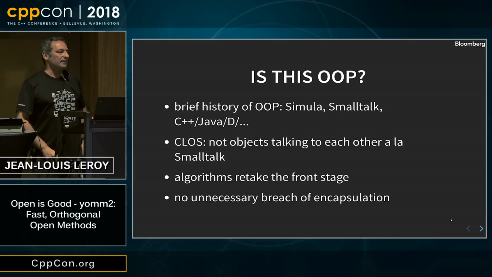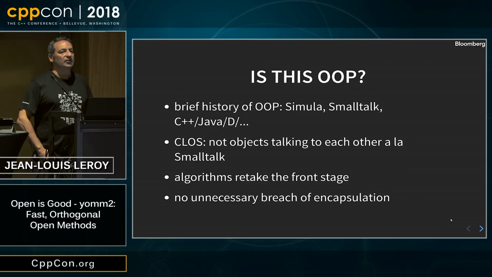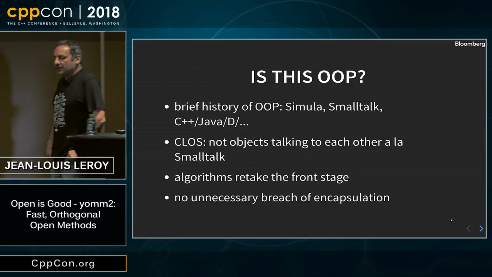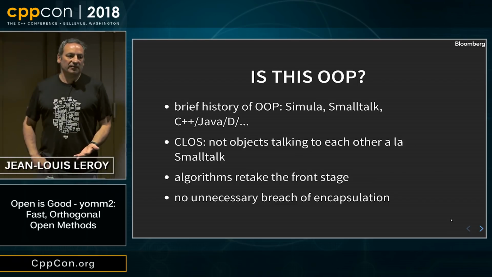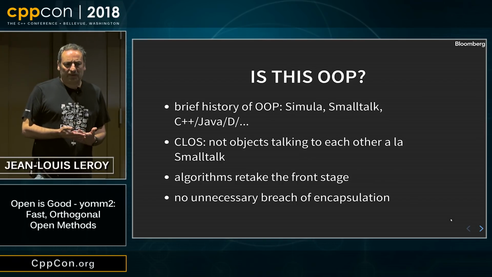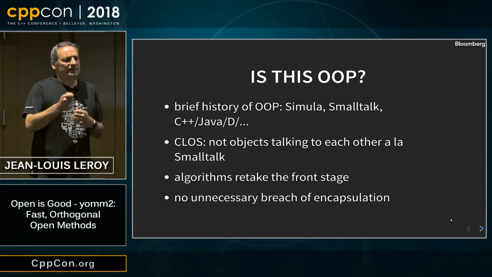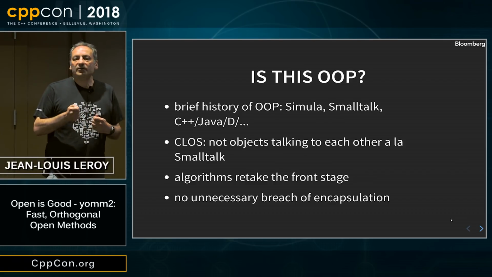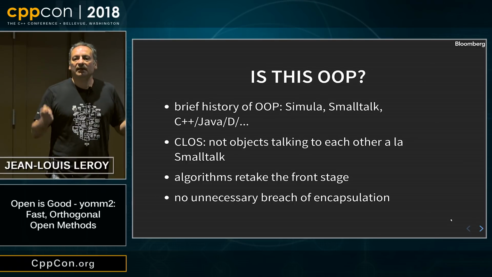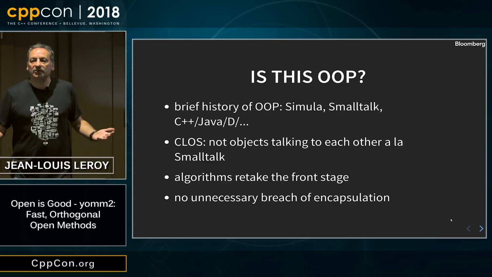Around 1985, another path was explored by the Lisp community, and they created the Common Lisp Object System. CLOS has open methods, has open multi-methods. And in fact, when you think about it, an open multi-method is much more like a rule. It's not about sending messages and seeing the world in terms of objects. It's rather selecting the appropriate algorithm depending on the type of one or several arguments.